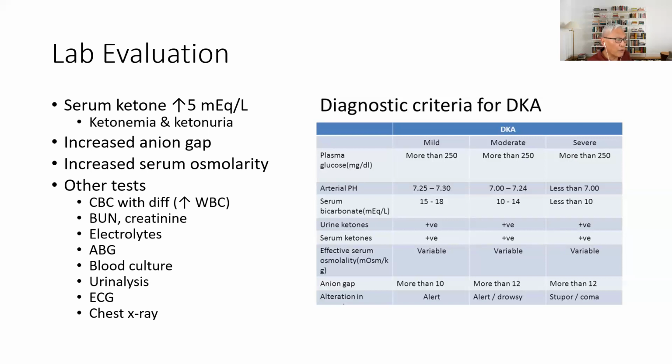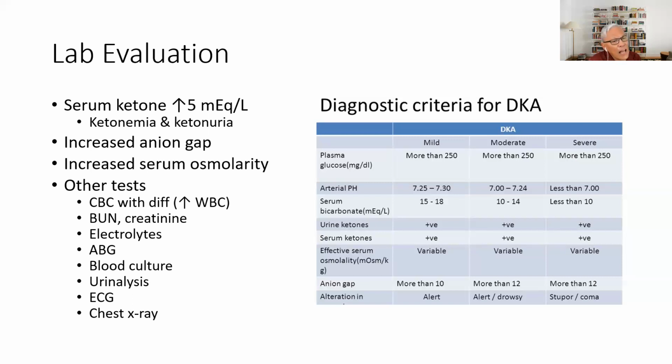So that includes, for example, your BUN, creatinine, your electrolytes, which are very critical, ABG, blood culture, urinalysis, ECG, and chest X-ray. Obviously, the reason why we're doing blood culture, urinalysis, as well as chest X-ray, is to identify the potential infection sites that the patient may have. And so these are the diagnostic criteria for DKA.